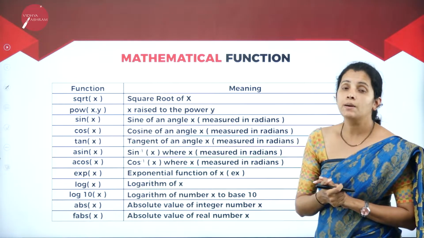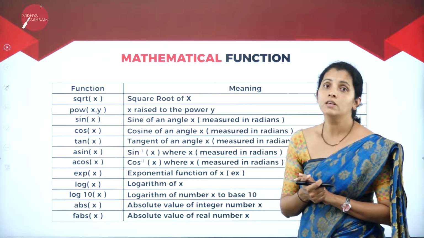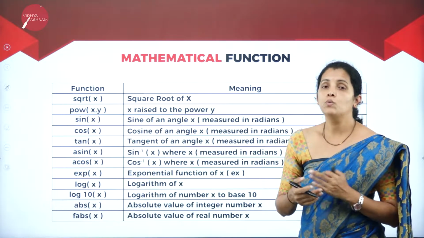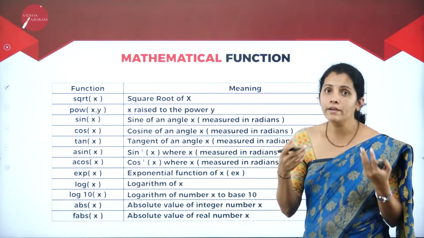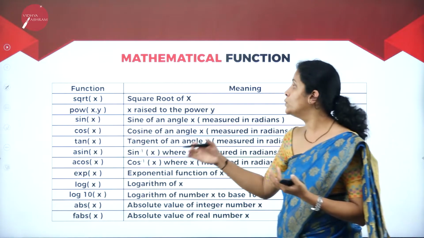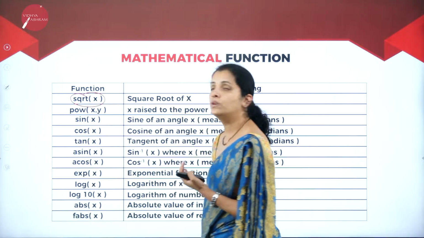Suppose I want to find the square root of a given number. Instead of writing a square root program, I'm going to make use of a built-in function, that is the square root function.